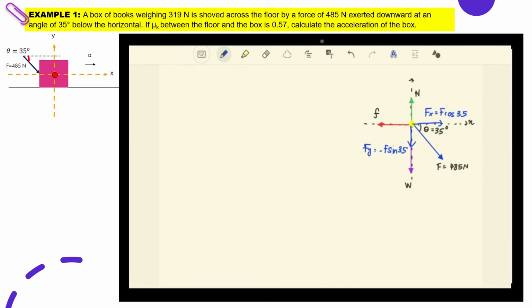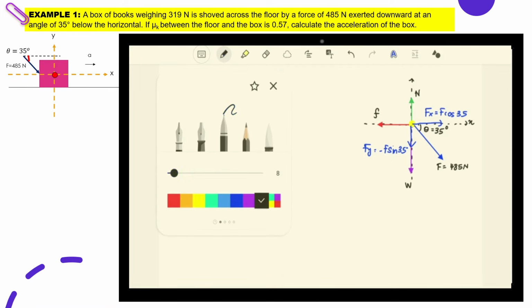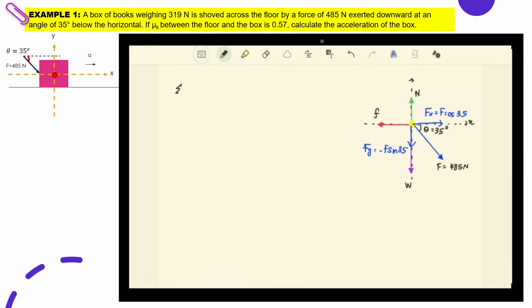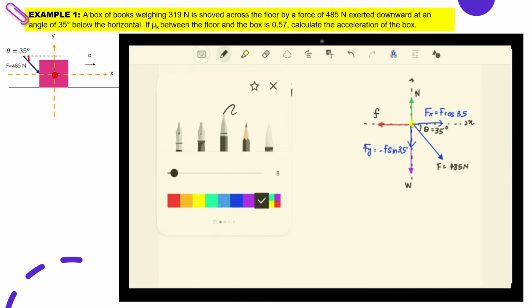Now when we have this type of problem, we need to write two equations, in terms of X and in terms of Y. Look at the free body diagram.